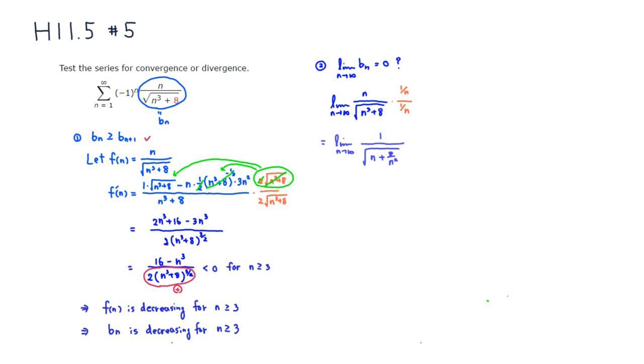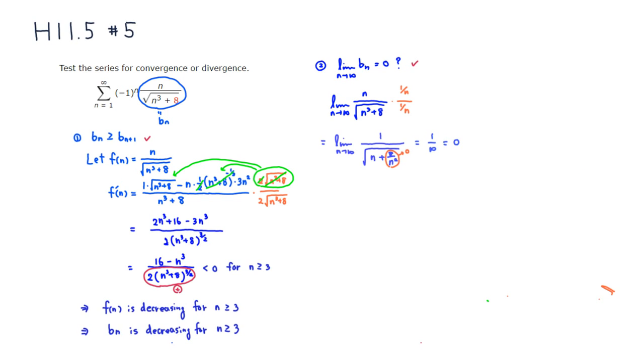And as n goes to infinity, you can see that this approaches 0. So as n approaches infinity, the denominator goes to infinity, so 1 over infinity would be 0. So this checks out.